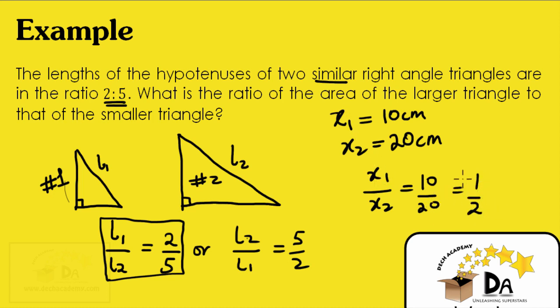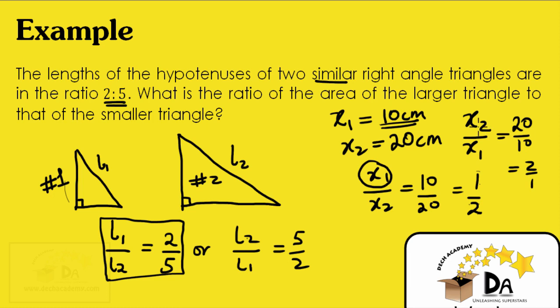Because the numerator is smaller than the denominator, it means that x1 must refer to the smaller square. In this case, that smaller square has a length of 10 centimeters. If I wrote x2 over x1, it would be 20 divided by 10, which is 2 over 1.